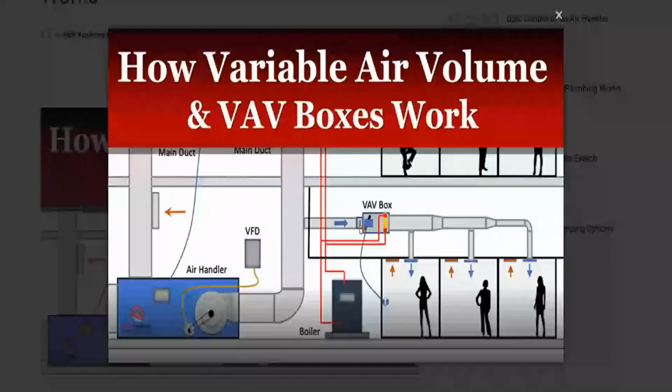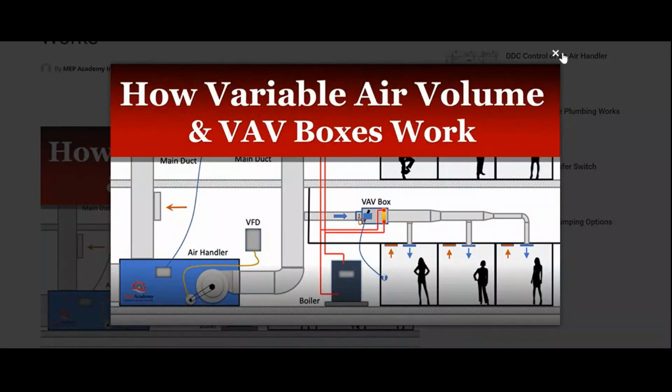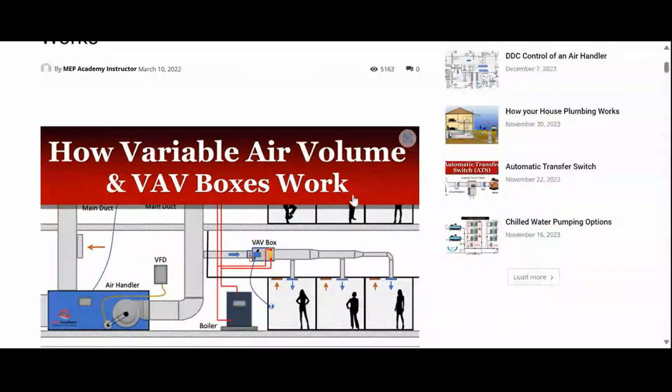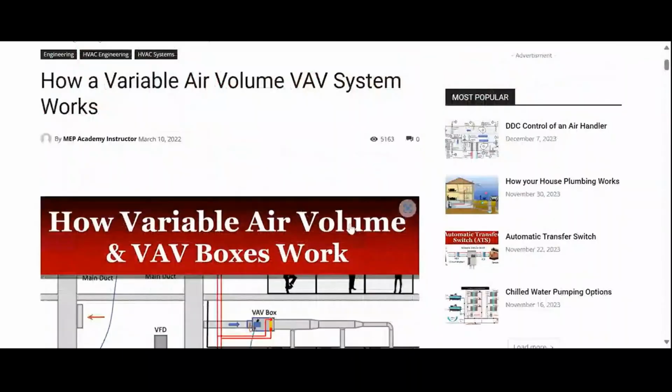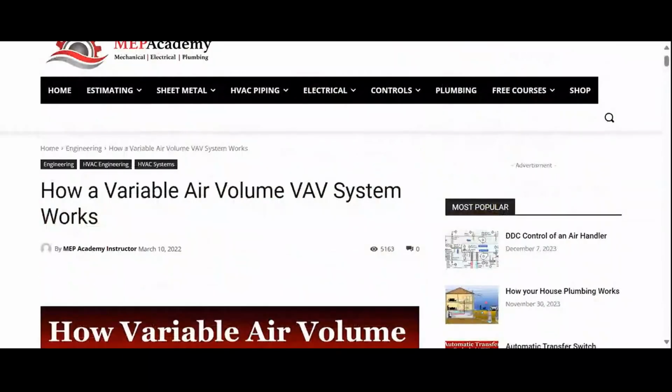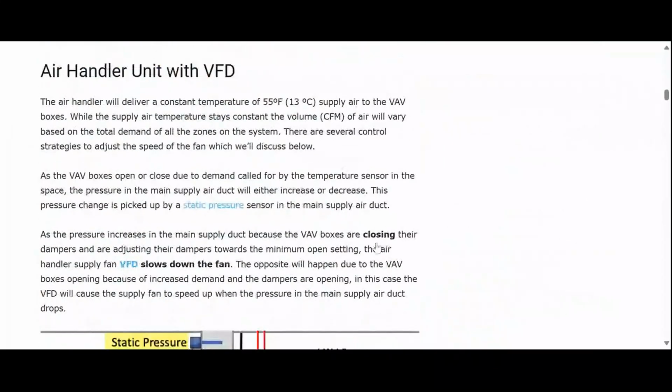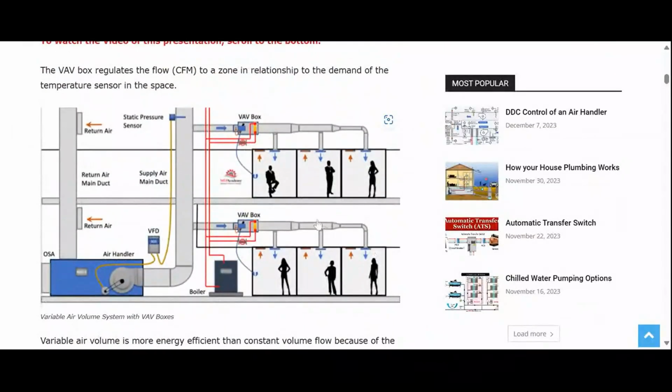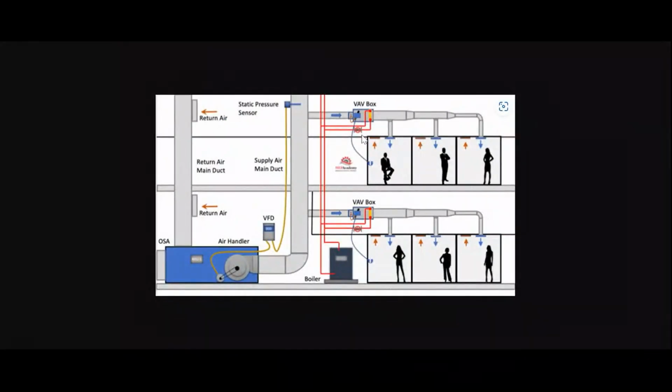See here, in this image, they have connected it with a boiler. Don't think of the boiler, this is connected with an electrical heater. And it is connected to individual rooms. Suppose I have connected a VAV box to room A.